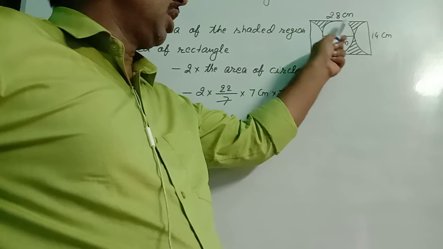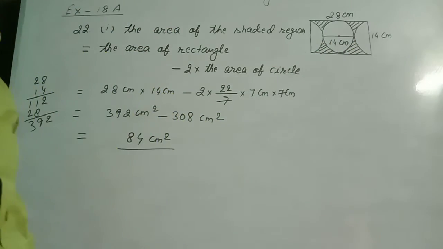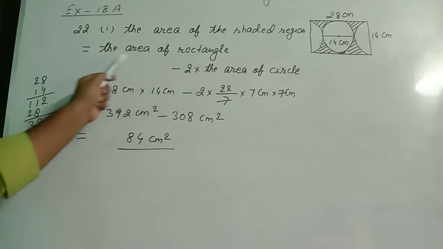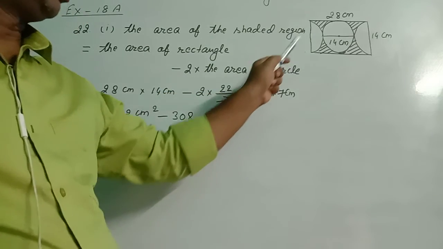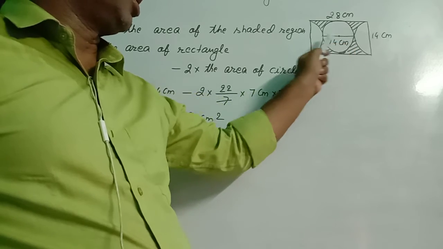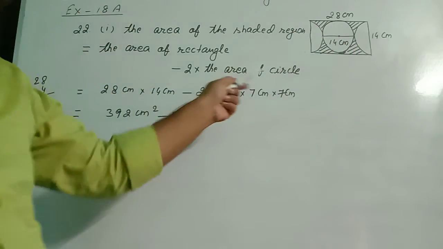First one this, and second one addition of these two semicircles. So I wrote the area of shaded region equal to the area of rectangle minus 2 into the area of circle. There are two circles, one is complete circle and another is this semicircle plus this semicircle equal to one more circle. So 1 plus 1, two circles.